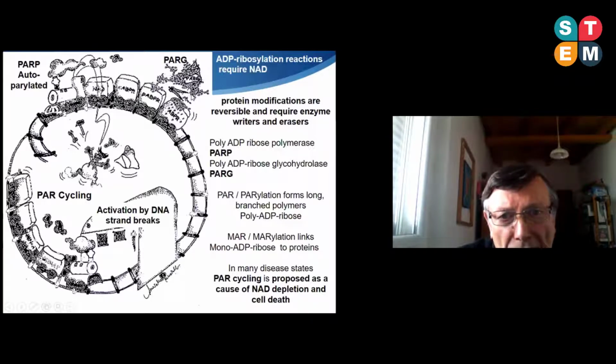We can see the PARG, poly-ADP-ribose glycohydrolase, that reduces the polymers, and this PAR cycling consumes most of the NAD in the cell, and this NAD depletion is linked to cell death.